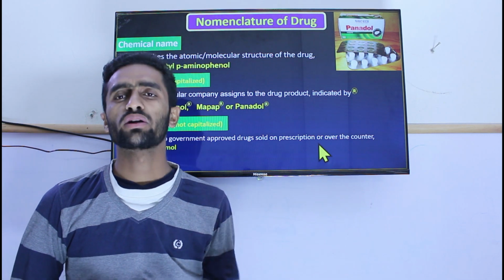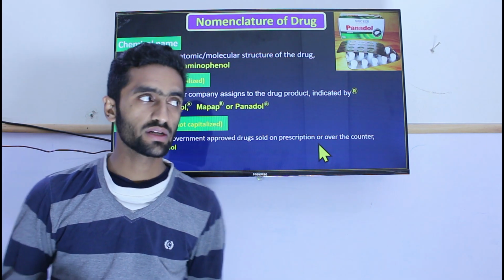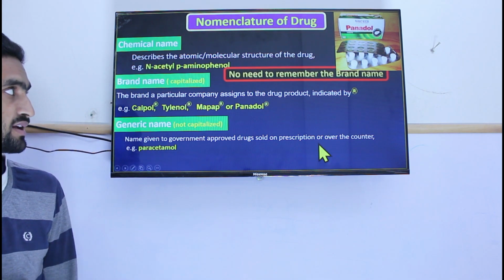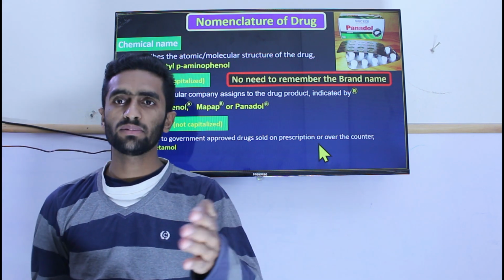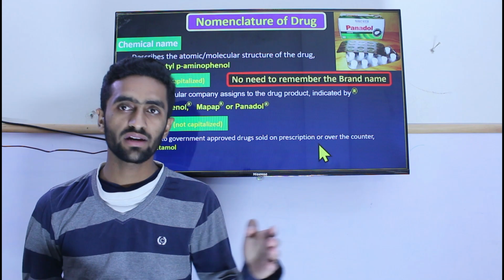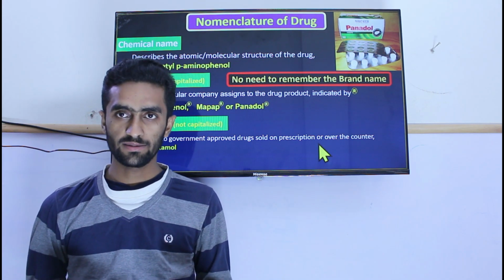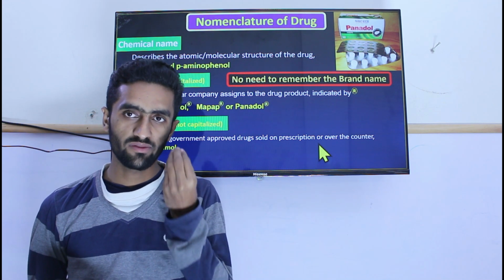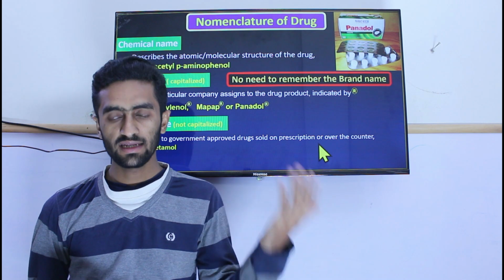Manufacturers are most concerned with the chemical name. There is no need to remember the brand name, because brand names can change from one country to another. We cannot memorize 20 or 30 names of one drug, so we always study the generic name.